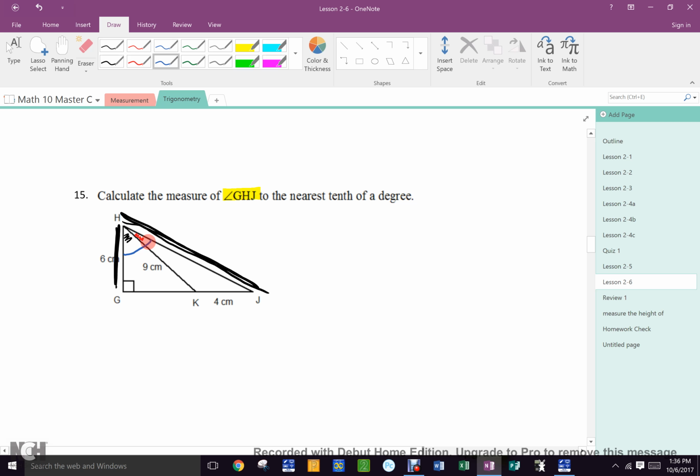Okay? So really what I need is this triangle. I need that angle right there, and I have 6. Does everybody understand? How many pieces of information do I need about this triangle to do that? I need 2. I know that this part of the triangle is 4. Right? Do I know this part? I do.